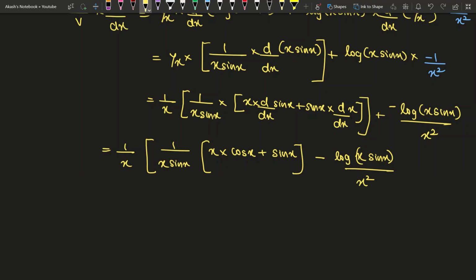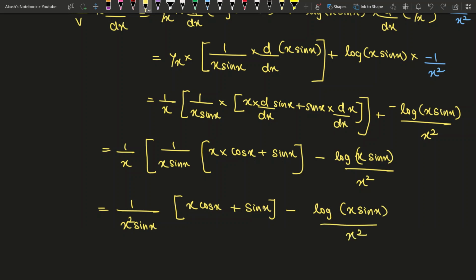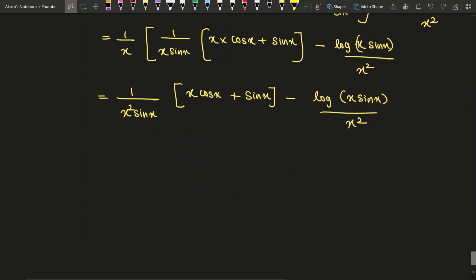So if you open up the bracket, what will you get? 1 by x square sin x into x cos x plus sin x, minus logarithm of x sin x divided by x square. Clear?